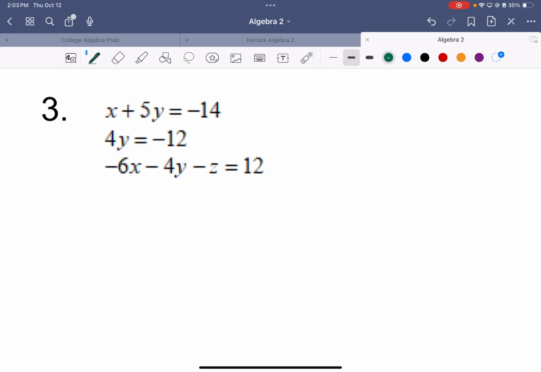Okay, so let's look at this one. We've got x plus 5y equals negative 14, 4y equals negative 12, and negative 6x minus 4y minus z equals 12.